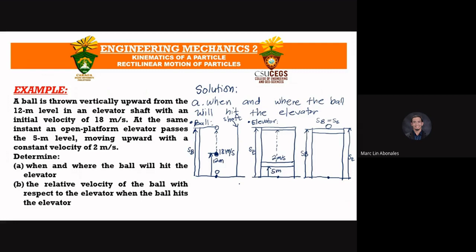And for this one, since ang variable given are the position and the time, so the equation will be the equation for the position as a function of time, which is S is equal to SO plus VOT plus 1/2 AT squared. So mao na itong gamiton to represent the final position of your ball and your final position sa imong open platform elevator.